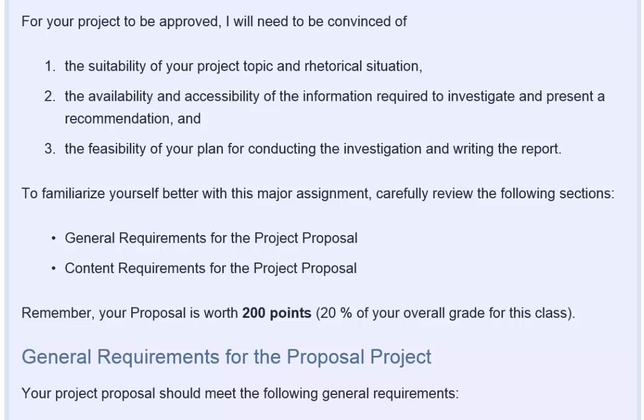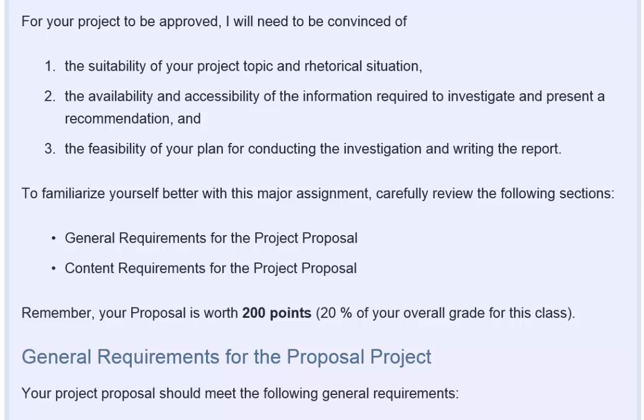Your instructor will be reviewing your proposals and approving them based on the suitability of your project and the scope in terms of the rhetorical situation and the assignment requirements.